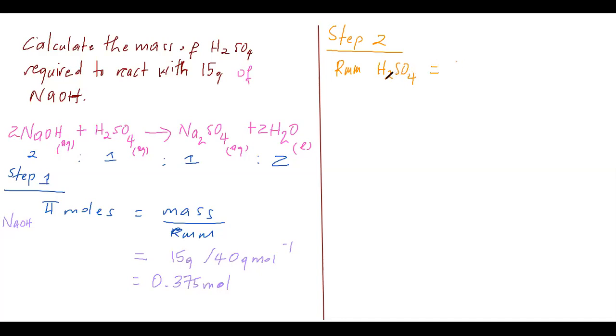You sure? Because this is 2 times the hydrogen, and hydrogen is 1, so that's 2. The sulfur is 32 and oxygen is 64. Oh yeah, 98. So this is 98.